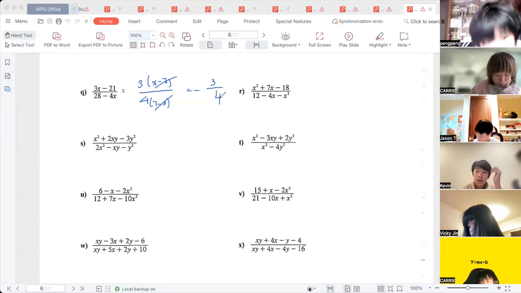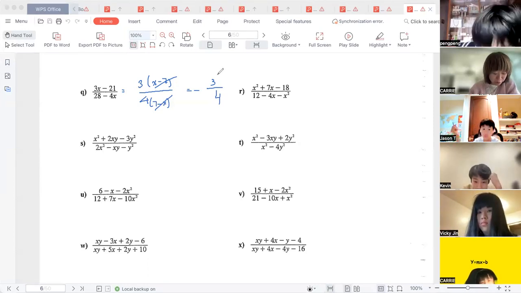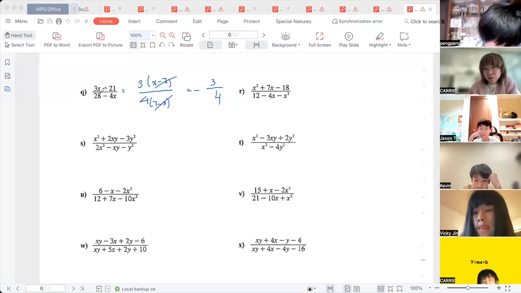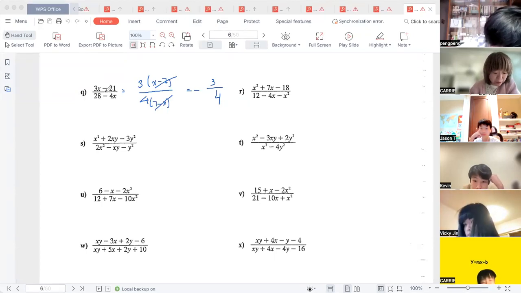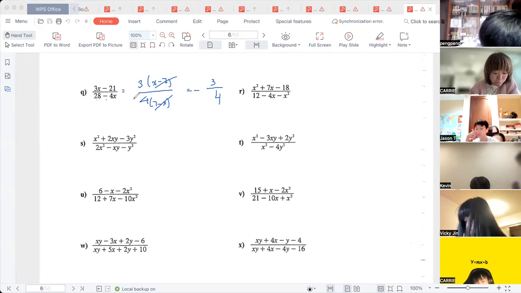For 3x minus 21, they have the common factor of 3. You should understand it. And the 28 minus 4x, they have the 4 out, correct? Oh, yeah, that makes sense now.